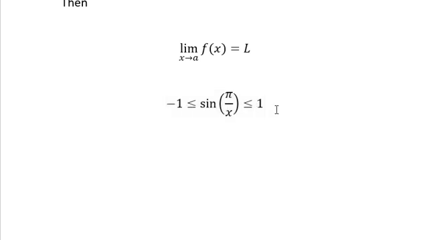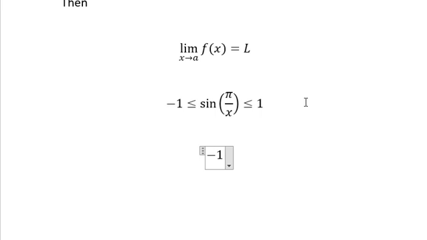We can modify this inequality in a way that we end up with the function we are interested in. For this inequality to remain equivalent, we need to multiply all the parts of the inequality by the same thing. So in this case, I can multiply each part of the inequality by x squared.